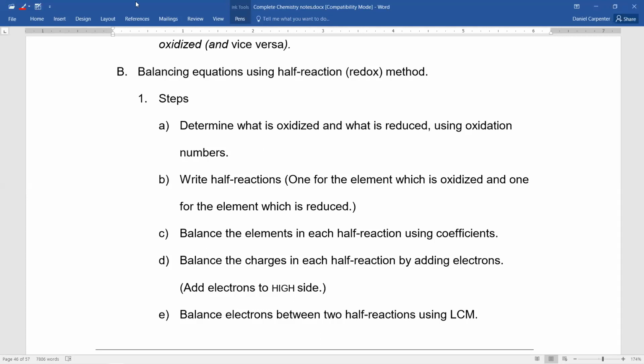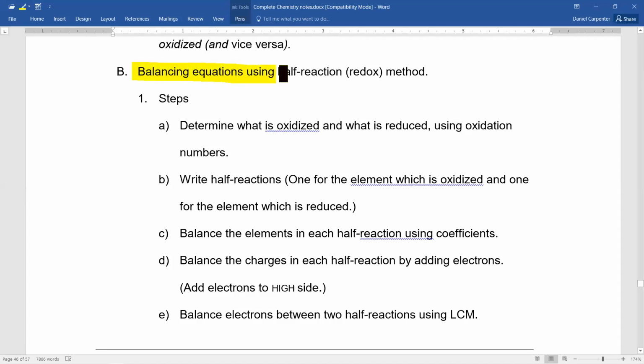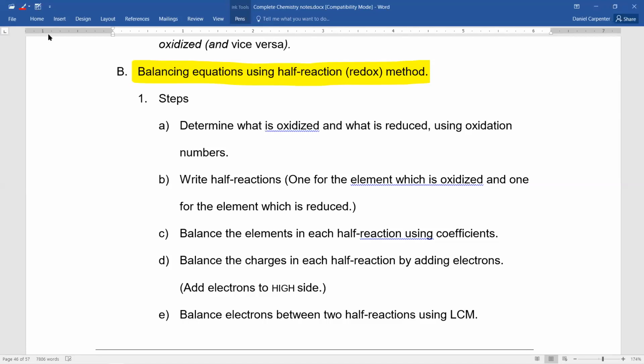Now, here we are. Balancing equations using the half reaction method. So, steps.